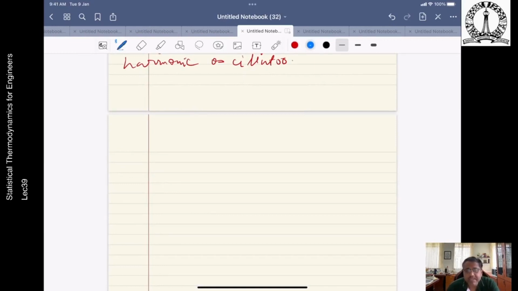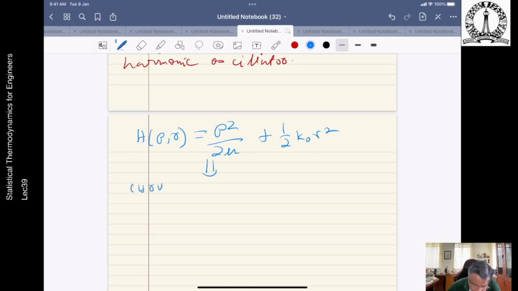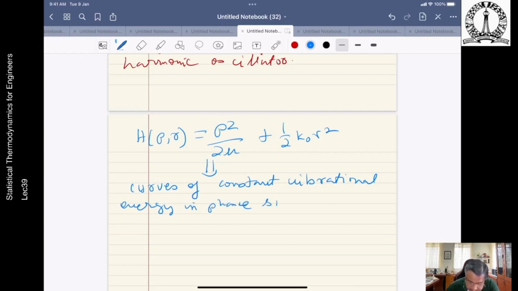If you look at this expression once again, which is a Hamiltonian, rewrite this.